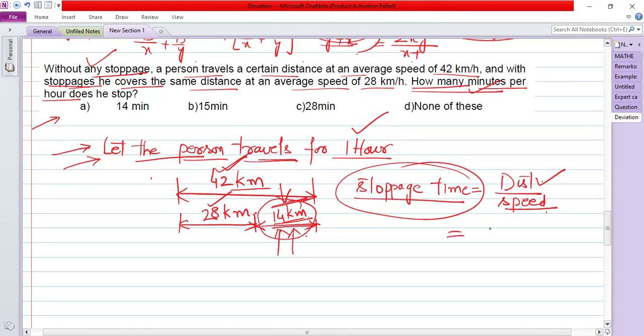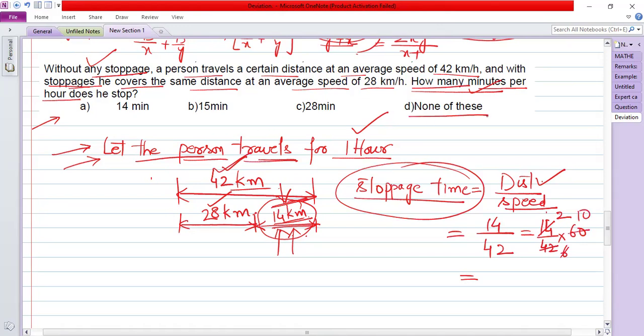So now distance is 14 kilometer and the speed without stoppage is 42. So now it is 14 by 42, and this is obviously in hours. We have to convert it into minutes, so 42 into 60. So this will be 2 7s are 14, 7 6s are 42, so 6 10s means 20 minutes.